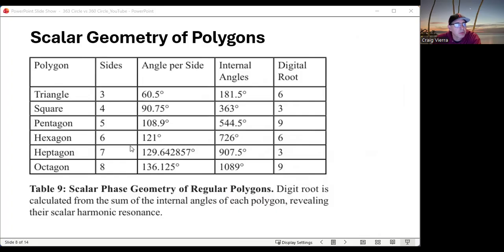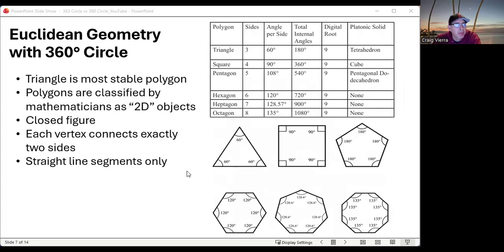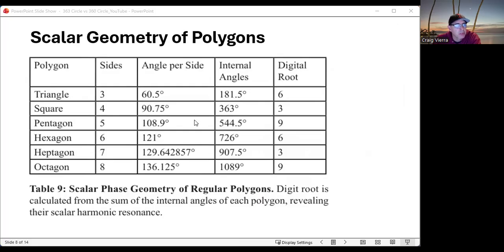We can multiply these numbers by 1.00833333 and make the conversion into the scalar geometry. That's what's happening here. For example, if you take 90 times that conversion, 1.0083333, you'll get 90.75 as the internal angle for the square, 60.5 for the triangle.